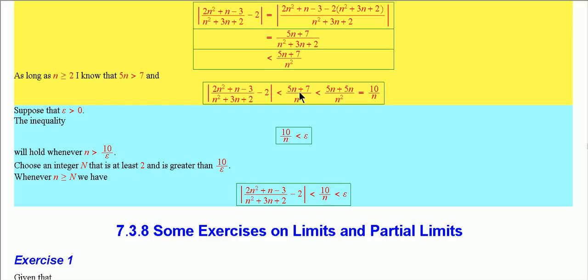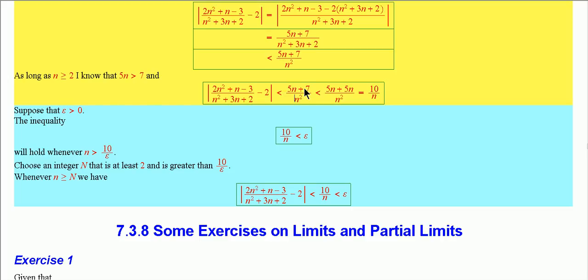You could do that. Okay, well, then I have a question. In the inequality to the right, where you said 5n plus 5n, could we have just said 5n plus 1n? Yeah, that's what you're asking, and I understand your question, and you're right as long as you say it correctly. But I want to go back to Rick. I didn't understand what you said. When you get to the inequality for less than 5n plus 7 over n squared, obviously that's good. 5n plus 7 is greater than that as well. You just use 5n plus 7 and solve for n epsilon.